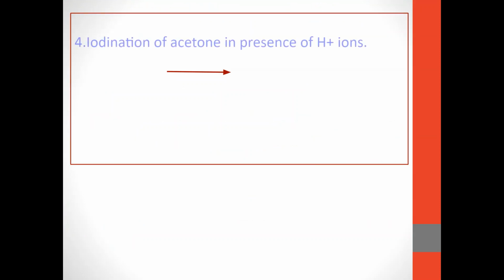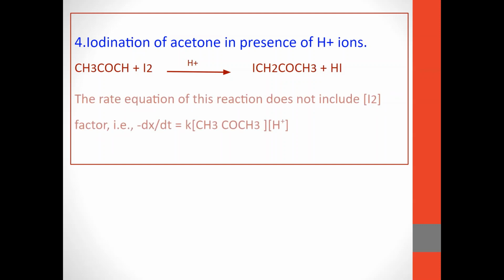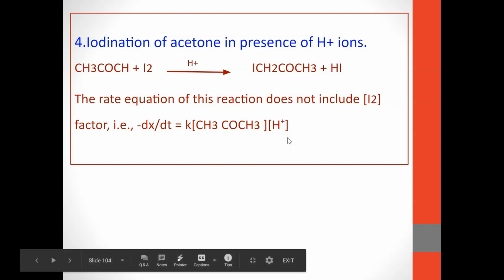Another one, iodination of acetone in presence of H plus ions. Acetone plus I2 gives the formation of the product. This example is also related to zero order reaction. The rate equation of this reaction does not include the I2 factor, that is, minus dx by dt is equal to K into the concentration of acetone, CH3COCH3, and the concentration of H plus.